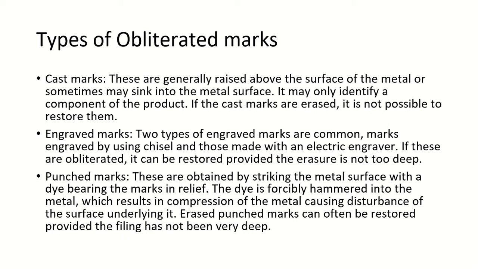Punched marks: these are obtained by striking the metal surface with a die bearing the marks in relief. So a die bearing the marks will be struck upon the metal surface and forcibly hammered into the metal, and this process will cause disturbance in the metal surface.